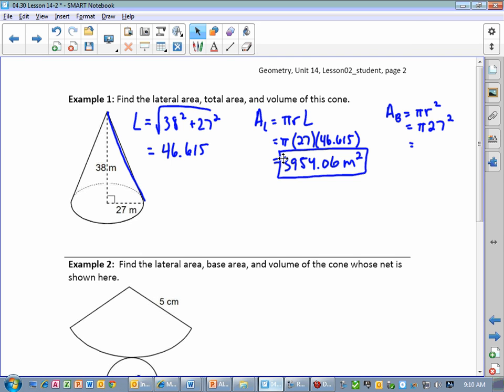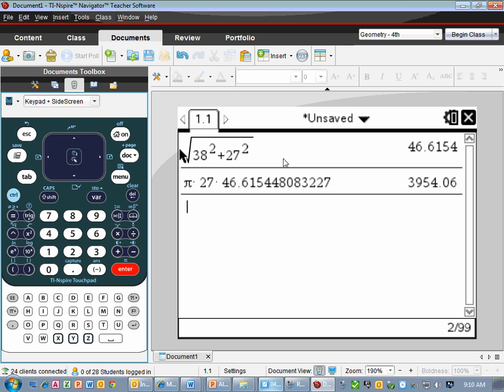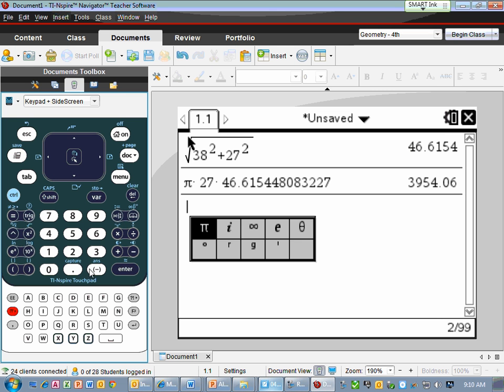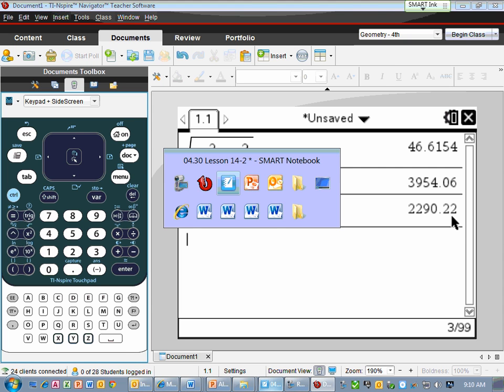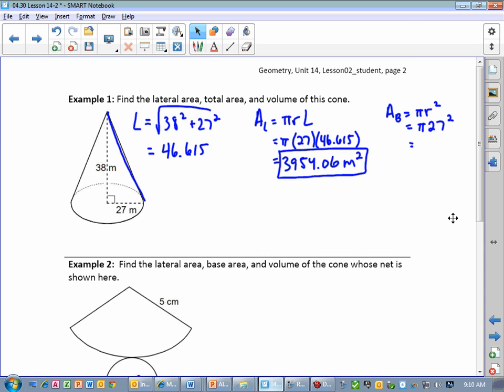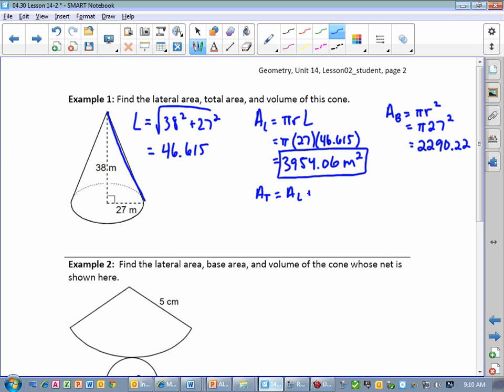Again, I write that down, pick up my calculator, pi 27 squared, and I get 2290.22. All right, so my total area is going to be my lateral area plus the area of the base.